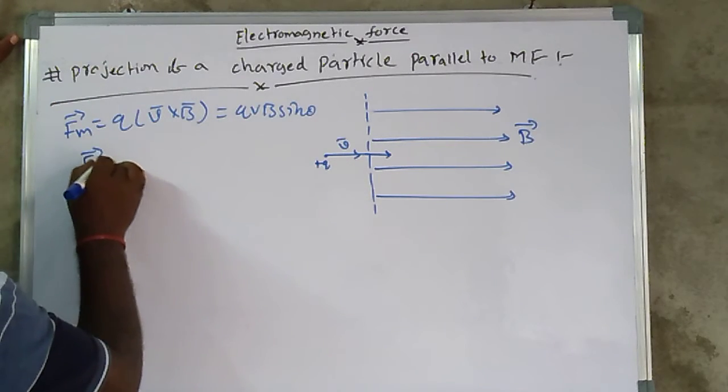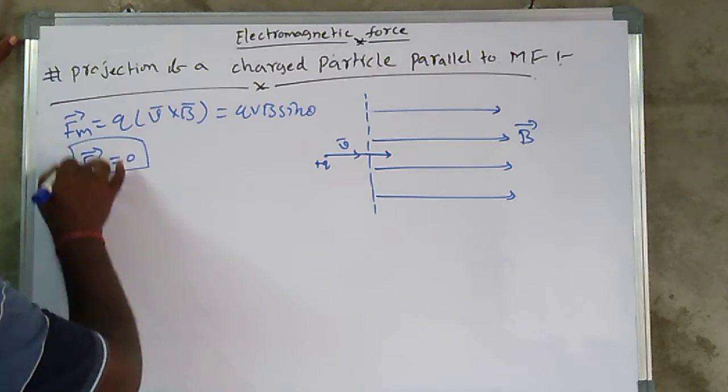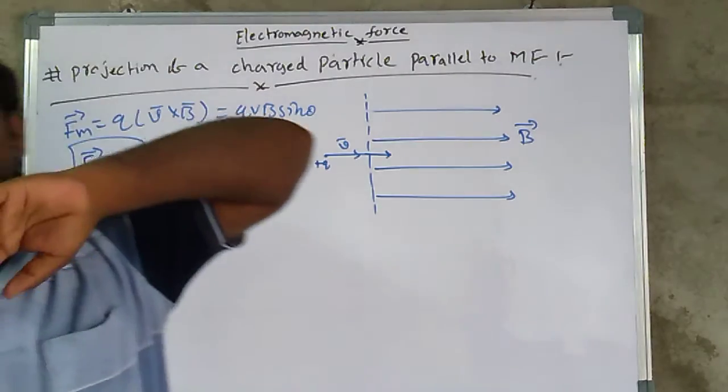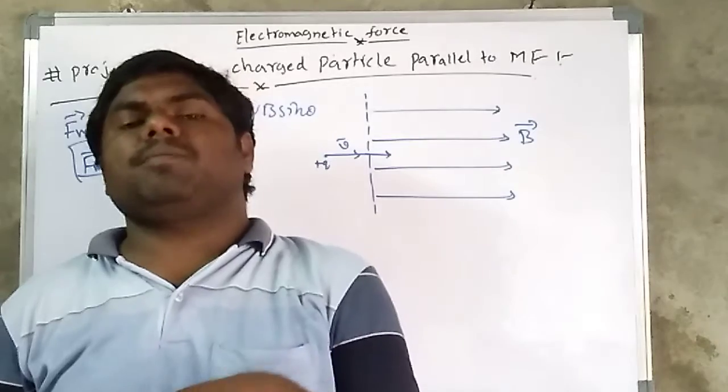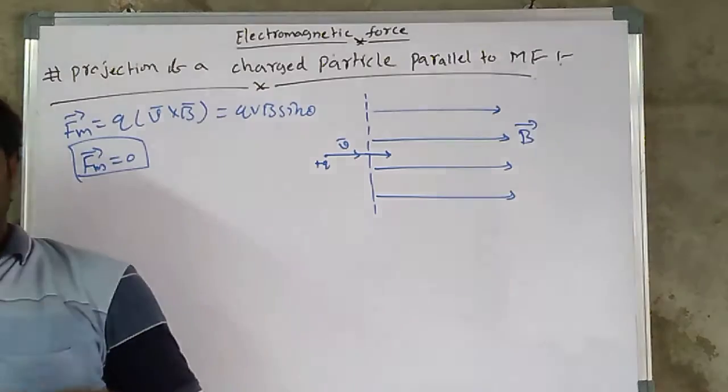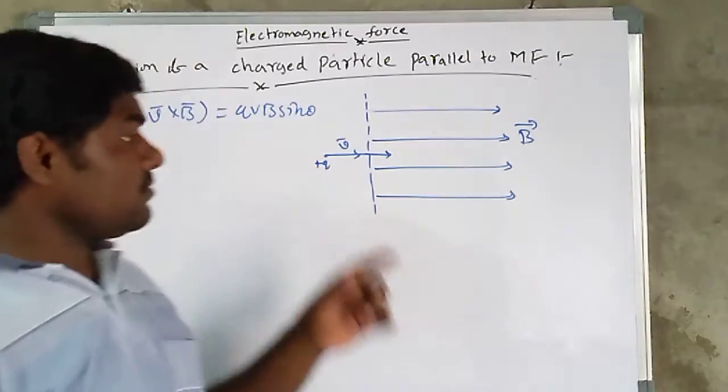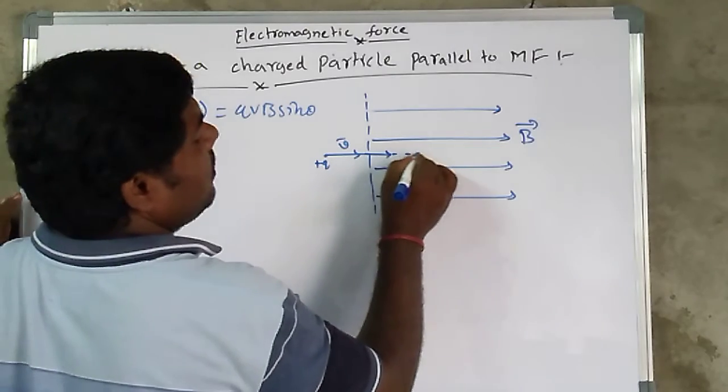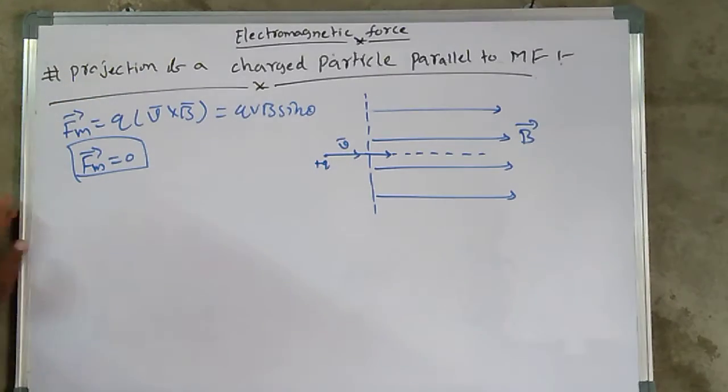Here this force should be equal to 0. It means the path of the particle in the magnetic field will be a straight line, not affected. The force is equal to 0, which means there is no force.